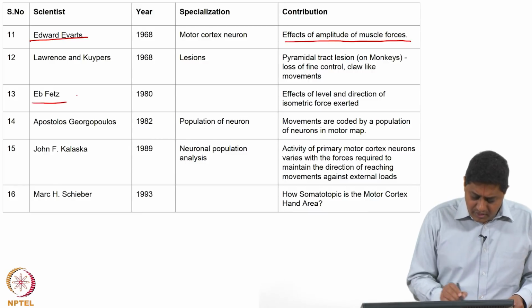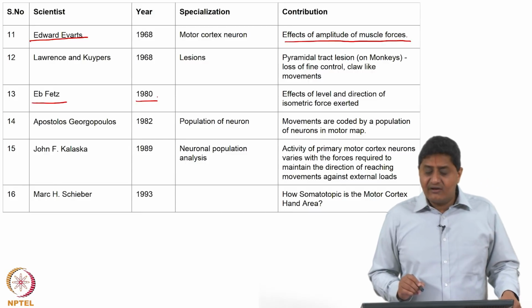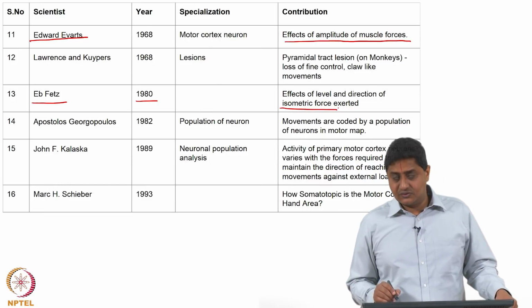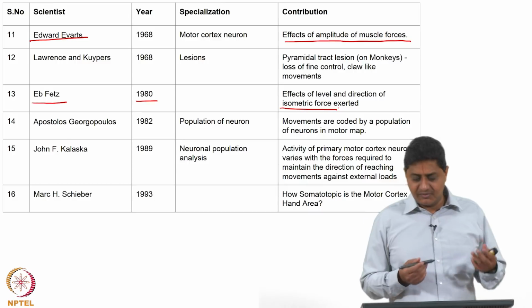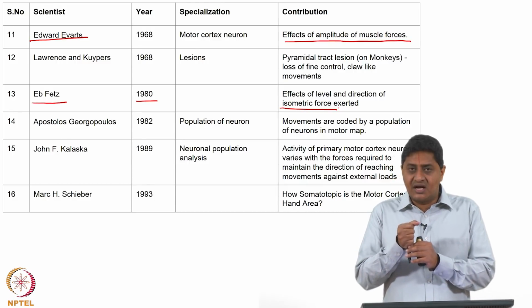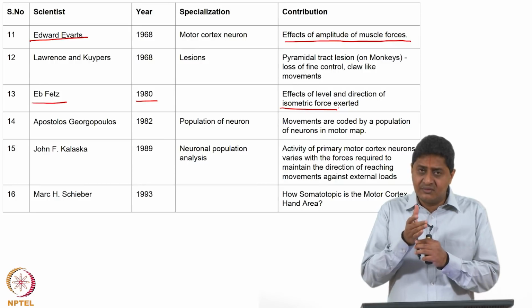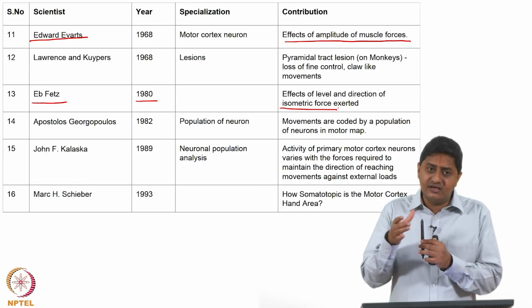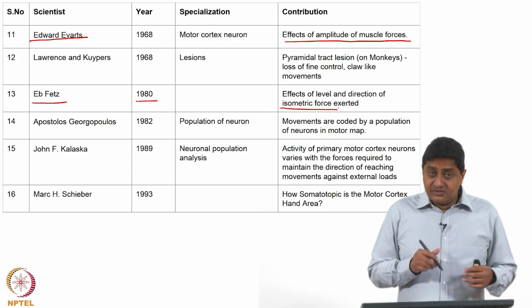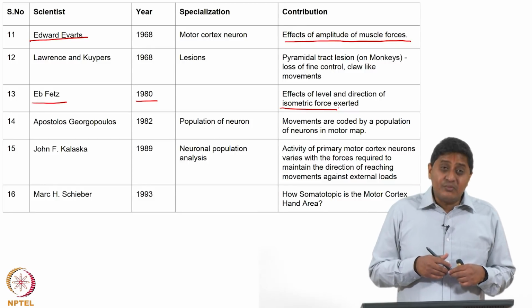Following up on that work, Hepp-Reymond found that in isometric force production, so force production can happen in multiple ways. When the object is not actually moving, you could still push on a mechanically fixed object in multiple directions, for example. So, this kind of force production is called isometric force production.